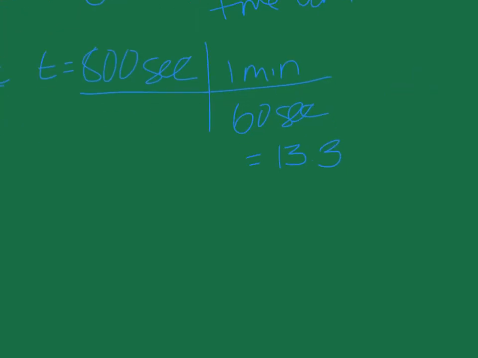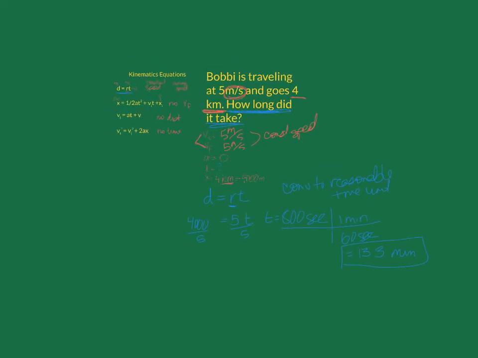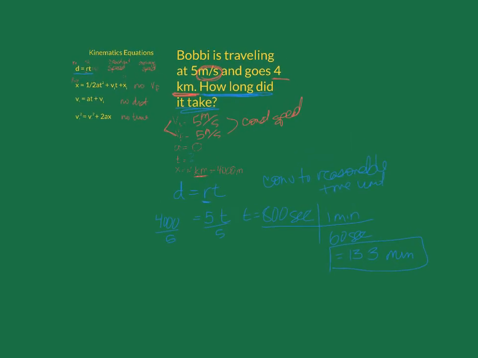That is a time unit that we have an idea of. It took Bobby a little over 13 minutes to go 4 kilometers at 5 meters per second. Okay? All right, let's try a different one.